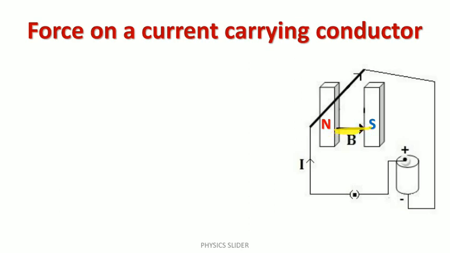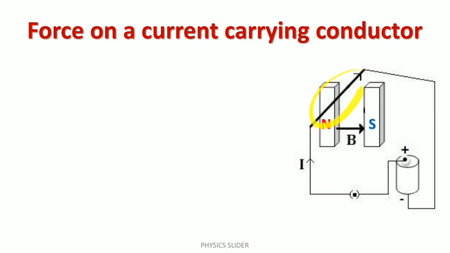So the magnetic field associated with this current carrying conductor and the external magnetic field due to these poles, these two magnetic fields will clash with each other, and there will be a force on this conductor.